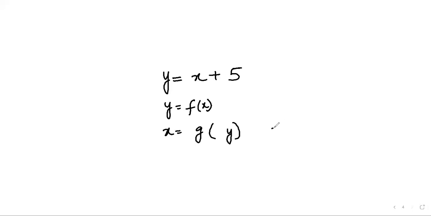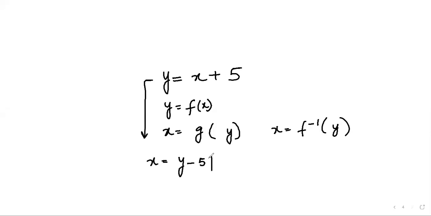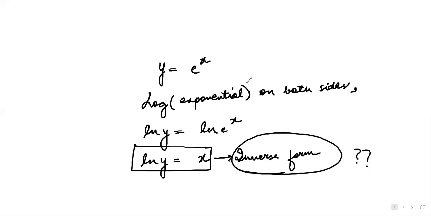So when I write x is equal to y minus 5, that is the inverse form I'm talking about, in terms of ranges and domains. So we know that this is an inverse form.